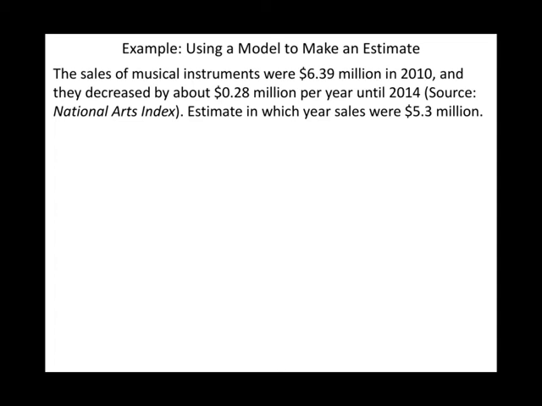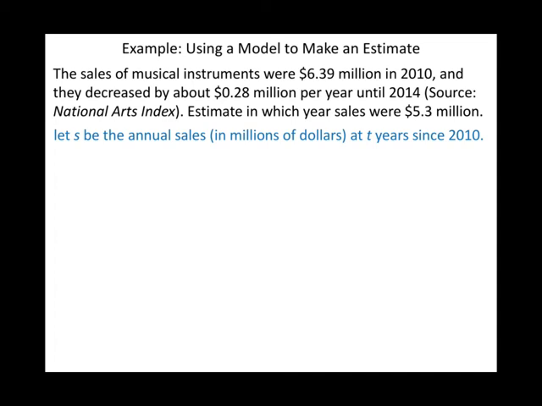So first, we're going to let S be the annual sales in millions of dollars and t be years since 2010. Remember, t years since 2010 means t equals 0 when the year is 2010. So 2014 means t equals 4.